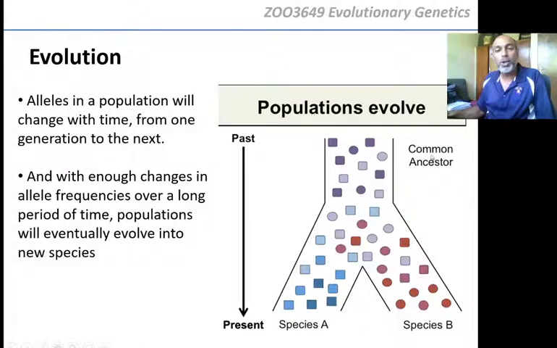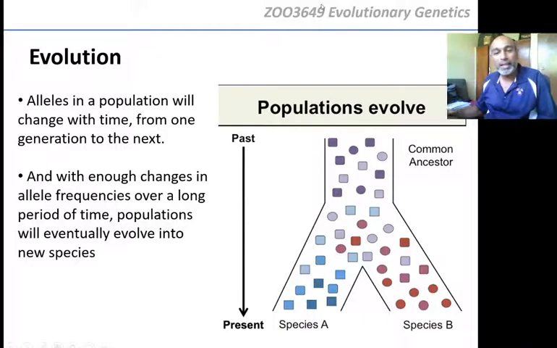So, here you have time, and at this time here, all the alleles look like squares. And at this time here, you have a circle coming, evolving. And at this time here, you have another color circle evolving. And as you're going down from past to present, the alleles are changing. You see the population is evolving. It's becoming different. The alleles are changing.